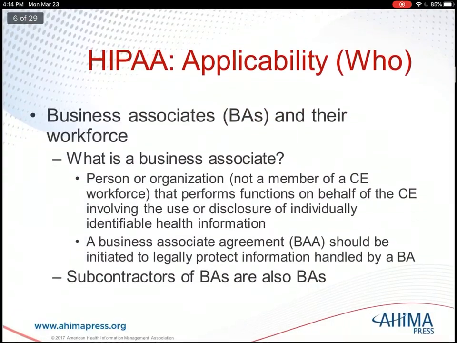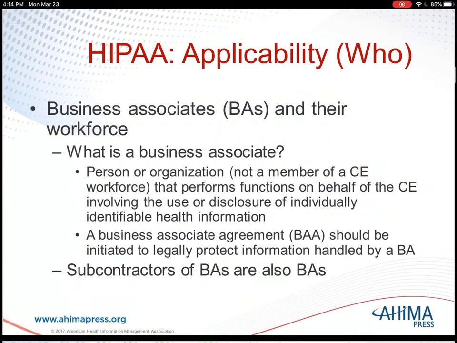Now, let's get into our business associates over on 211. Now, a business associate is a person or an organization other than a member of a covered entity's workforce that performs functions or activities on behalf of or affecting a covered entity that involve the use or disclosure of individually identifiable health information. So we cover this in health records again.